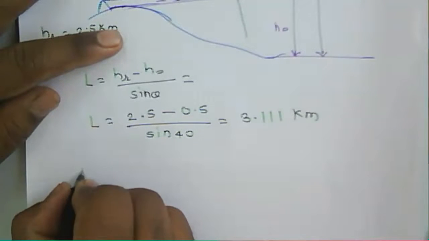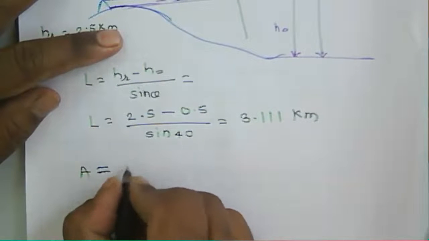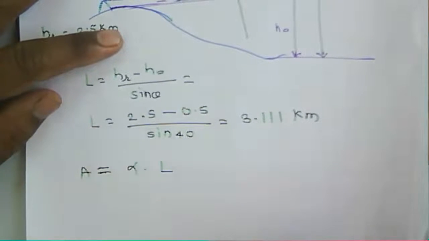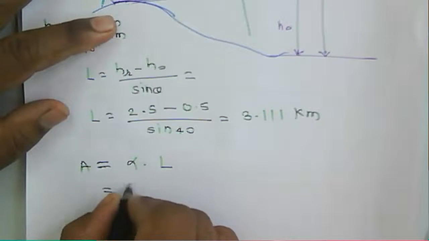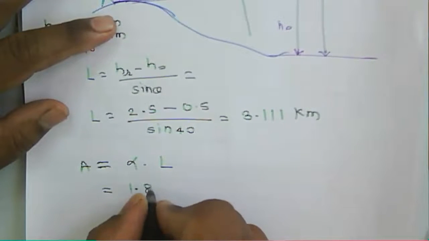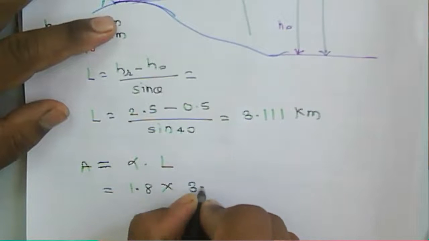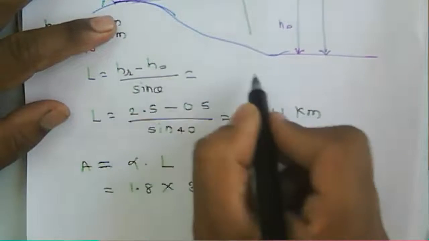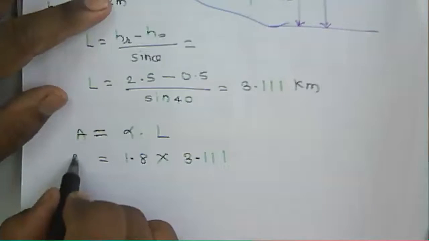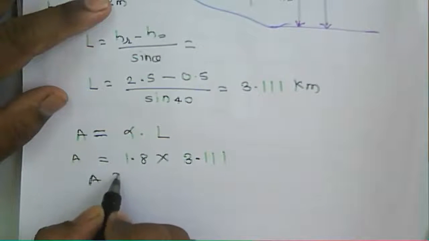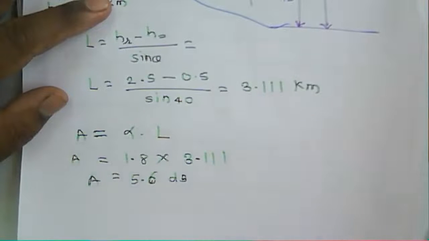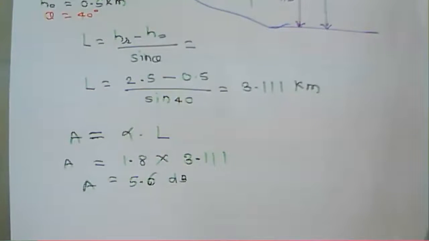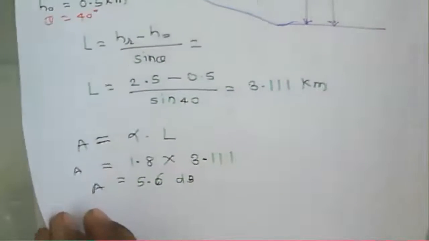So path attenuation A is equal to alpha into L. Alpha is 1.8, as given, into the length we obtained, 3.11 kilometers. So A is equal to 5.6 dB, and that will be the attenuation.